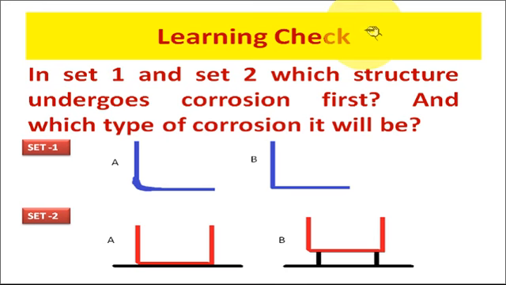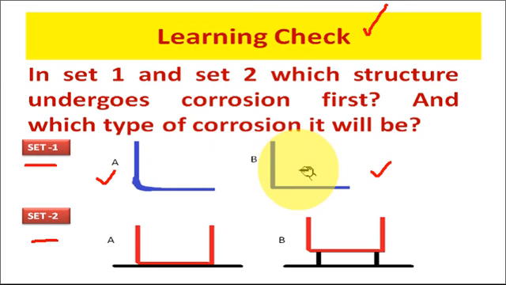Now time for the learning check. We have two sets here, set 1 and set 2. These are metallic structures. Set 1 has two structures, A and B. By seeing both these structures, you have to tell me which structure undergoes corrosion first, A or B?